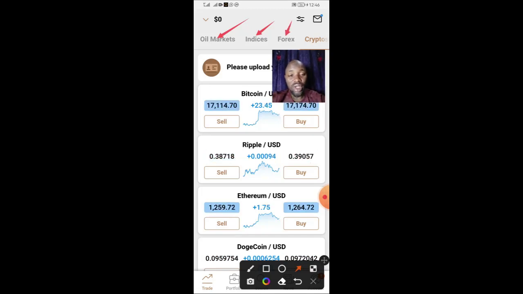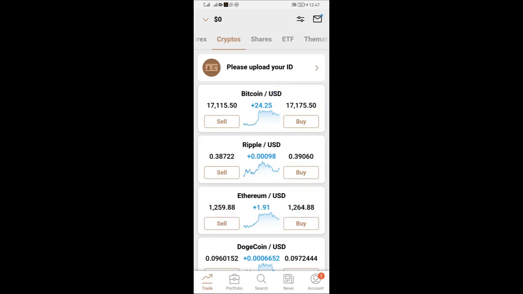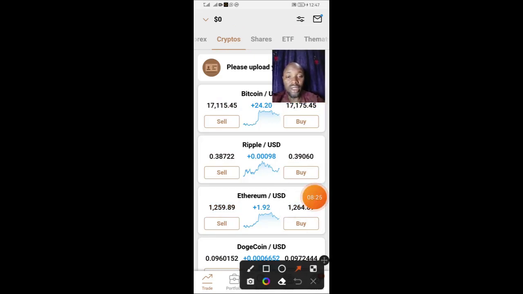Then here too we have forex. That is, you trade forex, meaning you trade currency pairs. Then when we scroll again, we discover that here you can trade crypto, you see. Then you can also trade shares, and you can also trade ETF.